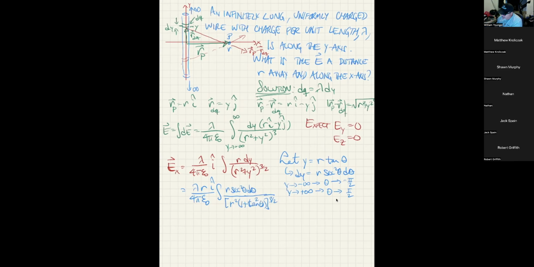Okay, now you see that basically I've got an r squared in the numerator, and in the denominator I got an r squared raised to the 3/2 power. So that's going to make that into an r cubed.